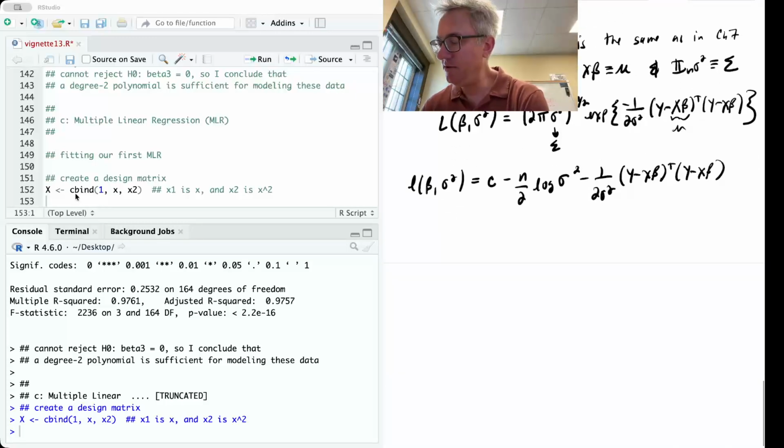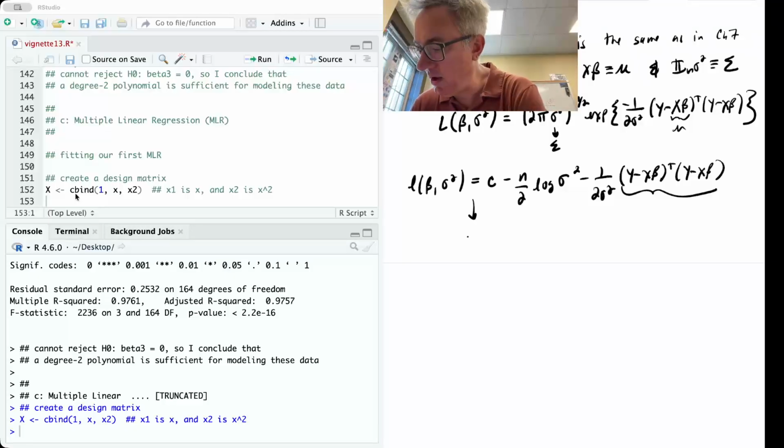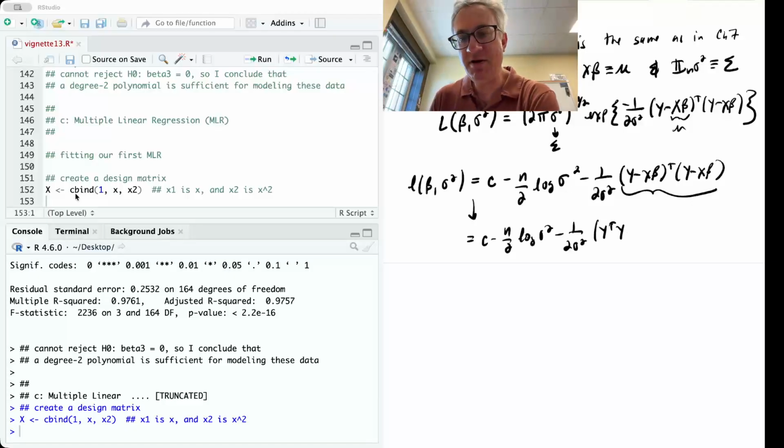And I really like to expand this out. This is a quadratic, right? It's like an a minus b times c minus d, where the c and the d are basically the same as the a and the b. So I can write this all out as C minus n over 2 log sigma squared minus 1 over 2 sigma squared times y transpose y. Sometimes we call this FOIL. I remember that from middle school, right?